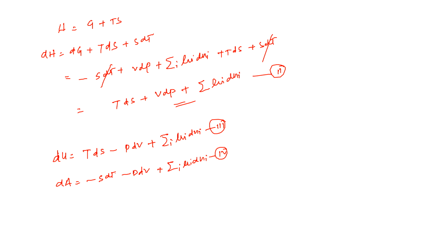Now one thing we'll see: for this second equation, if S and P are constant, then we get del H del Ni at constant S, P, Nj not equal to Ni equals mu i.